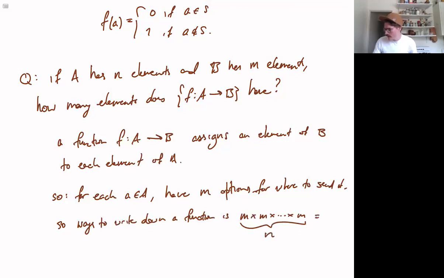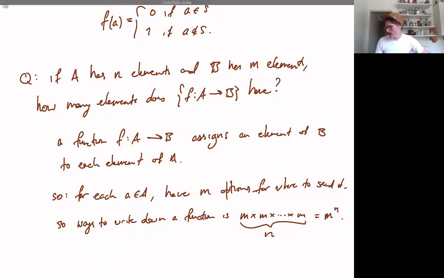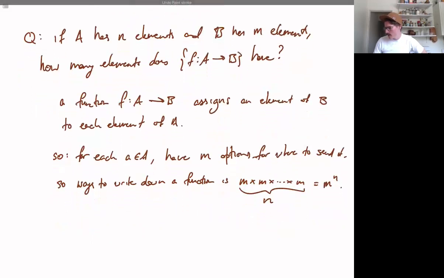So this is m to the n. The number of functions from a set with n elements to a set with m elements is the second cardinality to the first cardinality. So you can think of it like B to the A.